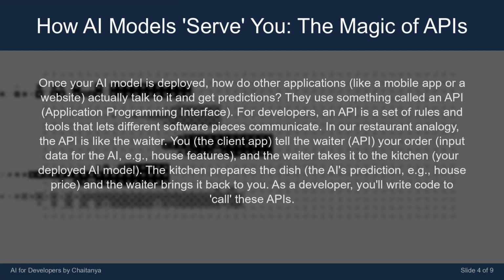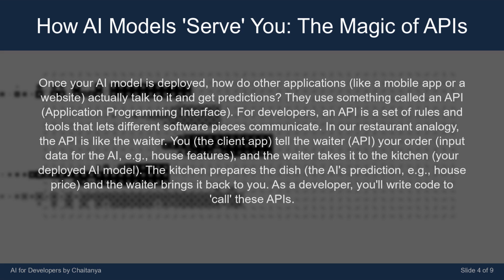Once your AI model is deployed, how do other applications, like a mobile app or a website, actually talk to it and get predictions? They use something called an API, Application Programming Interface. For developers, an API is a set of rules and tools that lets different software pieces communicate. In our restaurant analogy, the API is like the waiter.